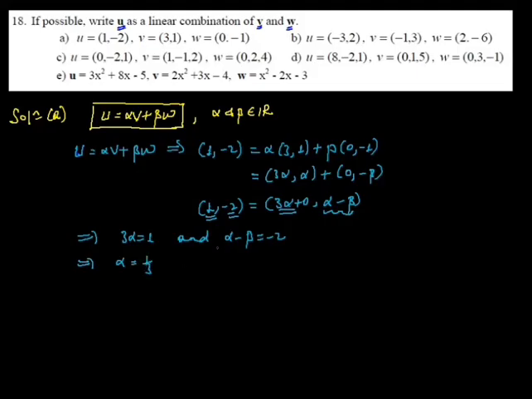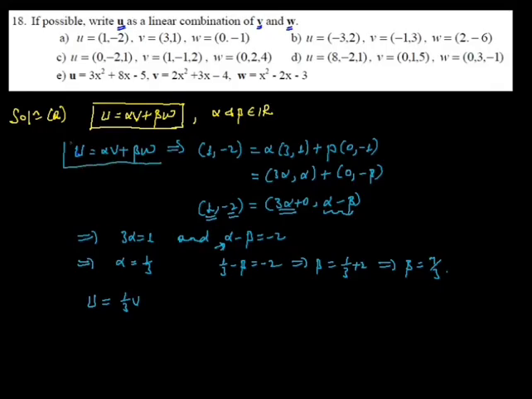So 3 times alpha is 1, meaning alpha is 1/3. Substituting alpha: 1 over 3 minus beta is equal to minus 2, so beta is 1 over 3 plus 2, which is 7 over 3. Therefore u is 1/3 of v plus 7/3 of w, since u is alpha v plus beta w.